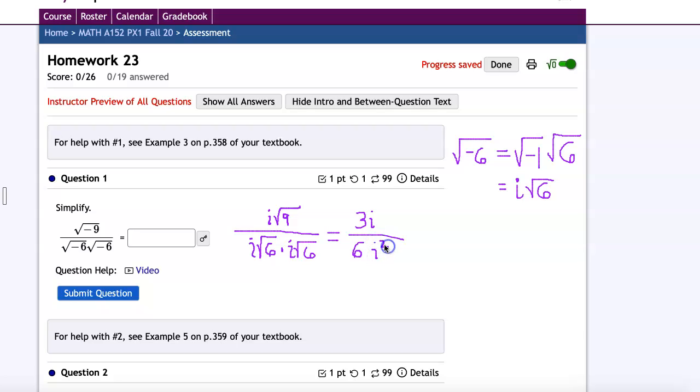One of the things you should have also learned, in addition to I being equal to the square root of -1, is that I squared is equal to -1. So we can replace this I squared with -1. Now we have 3 over 6, which is 1/2.